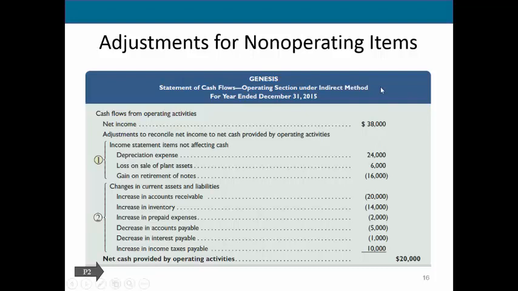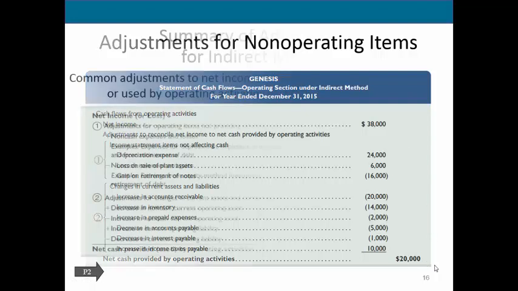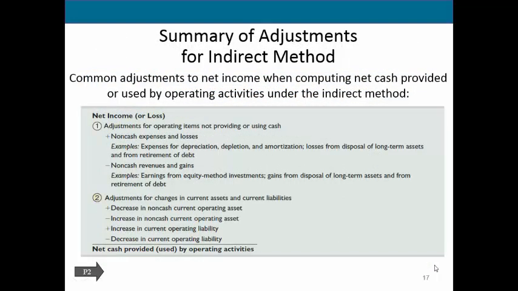When we adjust for all of those non-cash items, and then adjust for changes in current assets and current liabilities, we see that from our operating activities, we actually brought in cash of $20,000. So we're reconciling this $18,000 difference between our net income and our cash provided by operating activities.